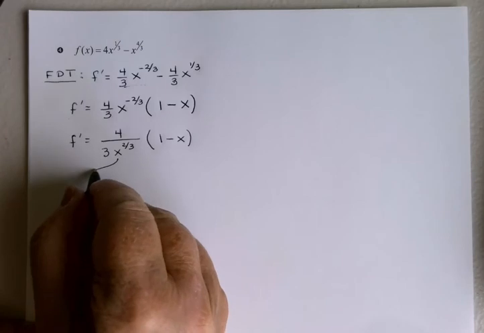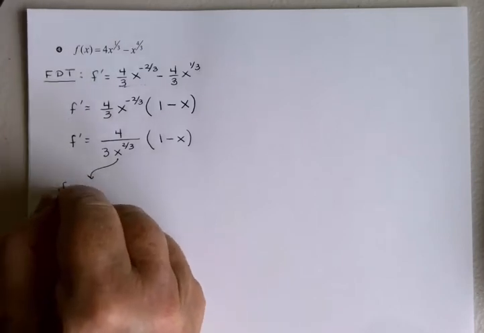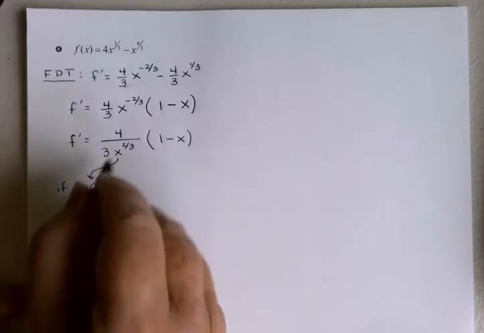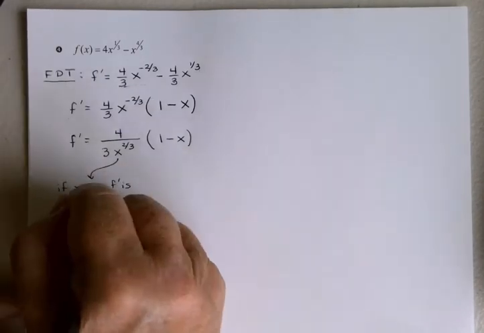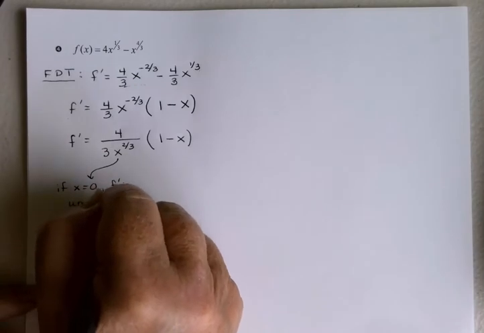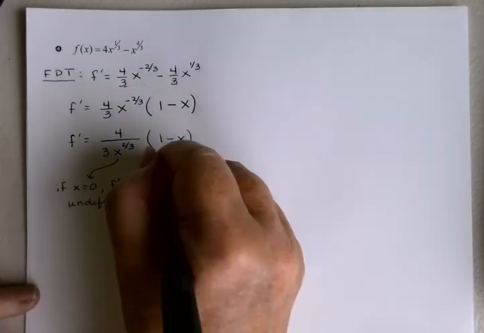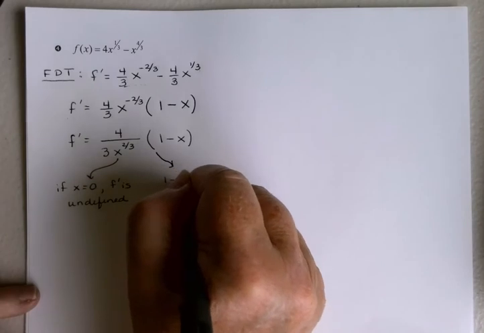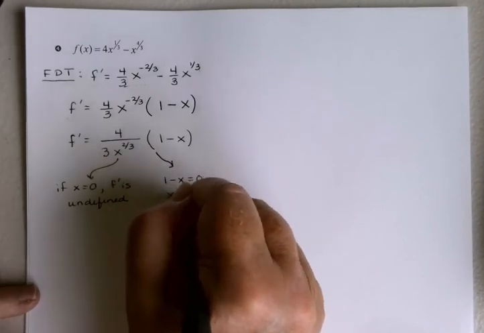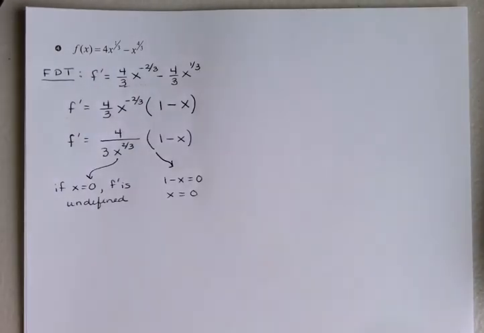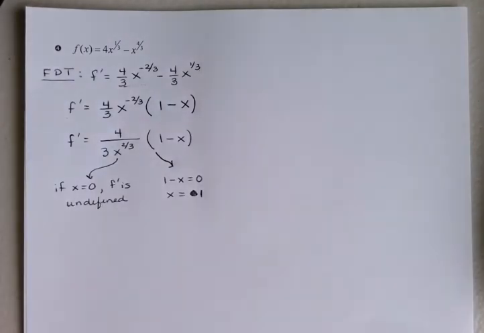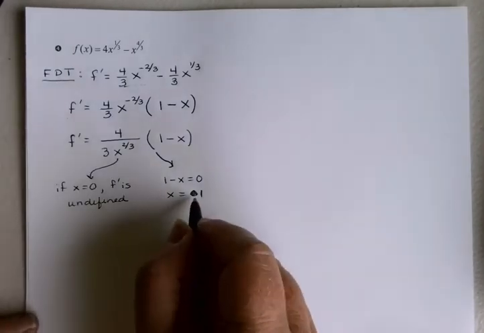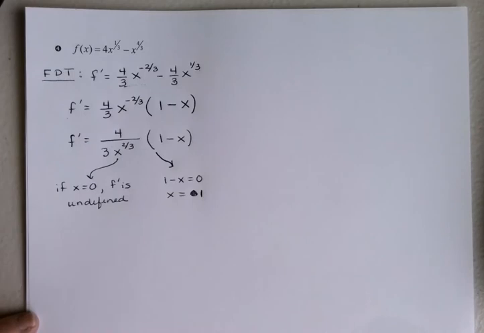And I can see again that if x equals 0, that's going to make this derivative undefined. Here, if 1 minus x is equal to 0, then x equals 1. Boy, my arithmetic is going to pot this afternoon. x equals 1. And so that's going to be a critical value where the derivative is equal to 0.